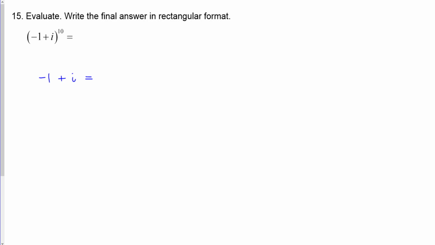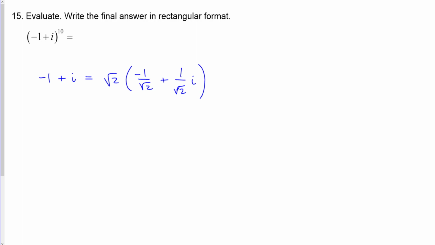So I could write this as 2 times the quantity. Actually, I don't want 2, I want the square root of 2. This would be negative 1 over the square root of 2 plus 1 over the square root of 2 times i.